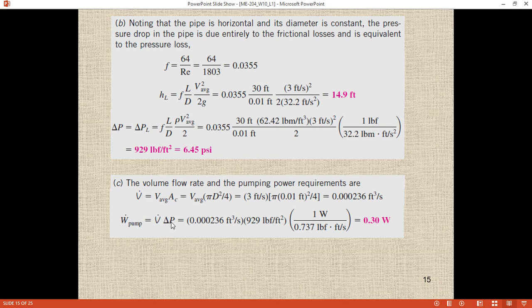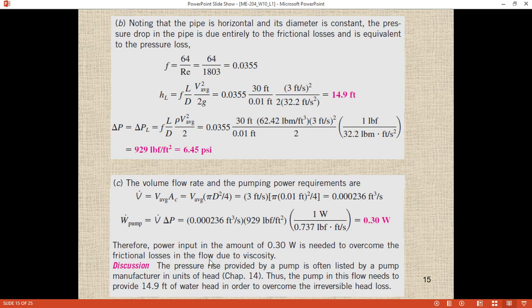The unit of the pressure difference is newton per meter squared and the volume flow rate is meter cubed per second, so together you get watts. Multiplying the volume flow rate with the pressure drop gives the pumping power required to overcome this pressure drop for this much flow, so this much pump power you will require.